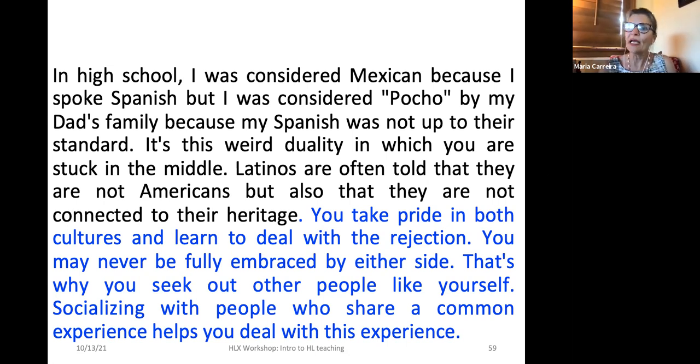You accept that, and you let them seek out other people such as themselves to understand themselves better and to learn from each other, language as well as culture, right? This is a beautiful quote, which really encapsulates the whole socio-affective domain.